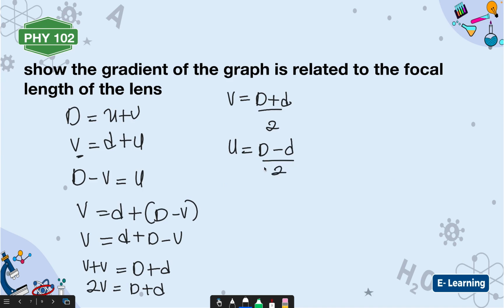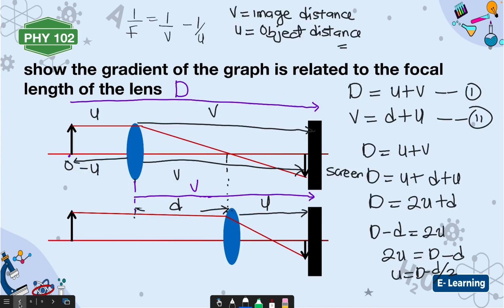But we said that the mirror formula says 1 over f is equals to what? 1 over v minus 1 over u. Now, I told you that if you look at this diagram very well, our u is negative u. Why?